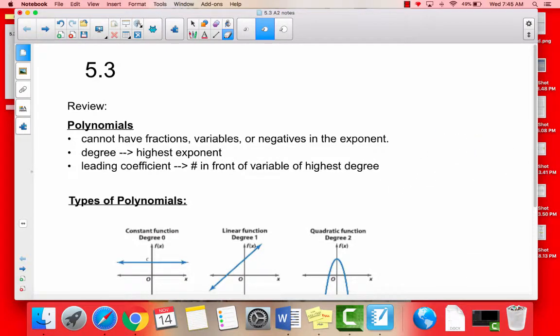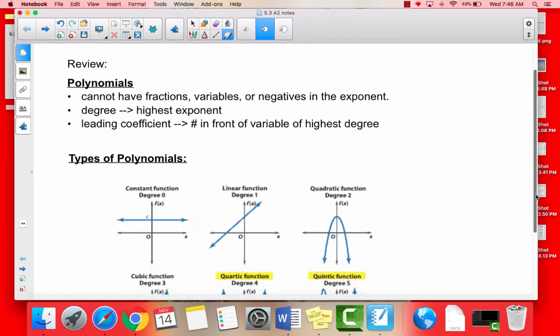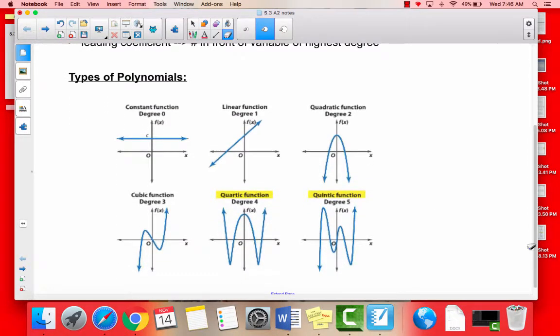So the first thing I want to do is just have a little image here for you of the types of polynomials. These are the main ones that we're going to be focused on. The first three on the top row should be familiar to you. So we've got a constant function, or a degree 0. That's just going to be a horizontal line. Okay, and then a linear function would be something like y equals 2x plus 3.